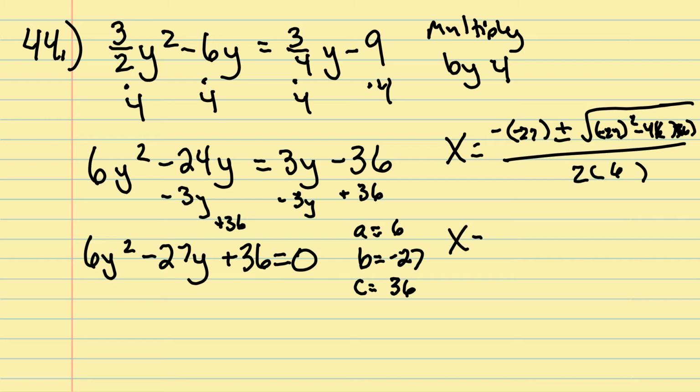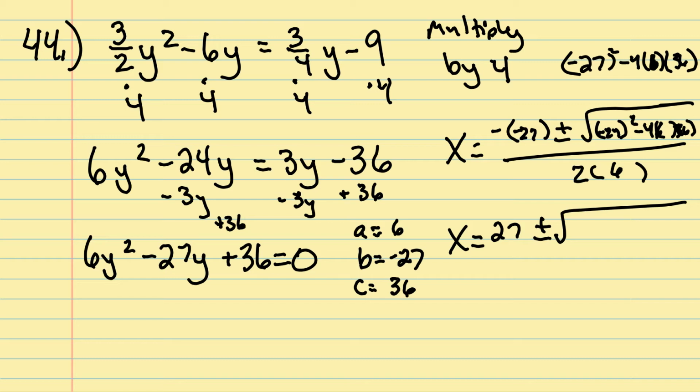So I'm going to get x equals positive 27 plus or minus the square root. You can't see inside this radical, it says negative 27 squared minus 4 times 6, which is 6 times 36. When I plug that mess into my calculator, I get negative 135 out, all over 12.